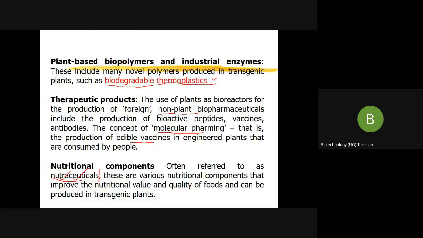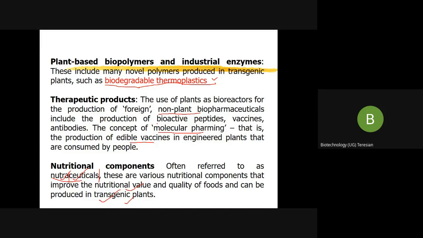By using this transgenic method, we can produce nutraceuticals. These are various nutritional components that improve the nutritional value and quality of the food and can be produced in the transgenic plants. So this is another important application.